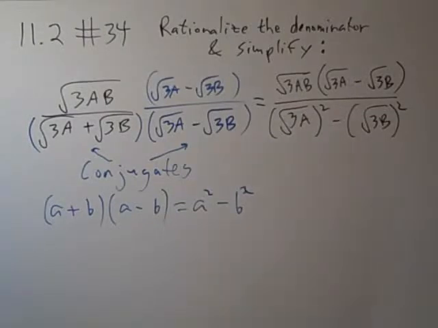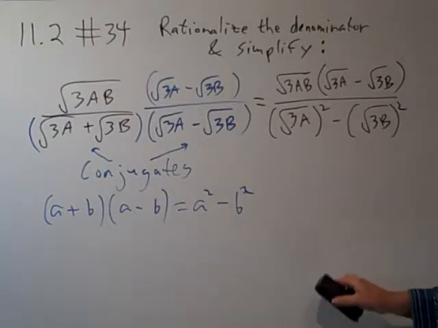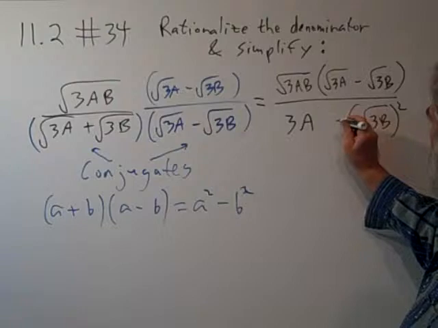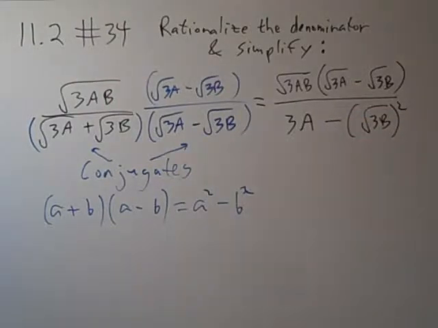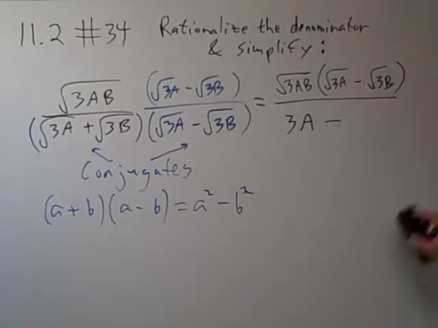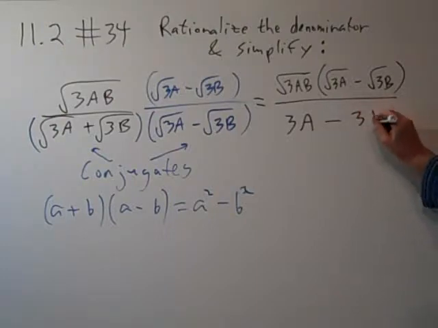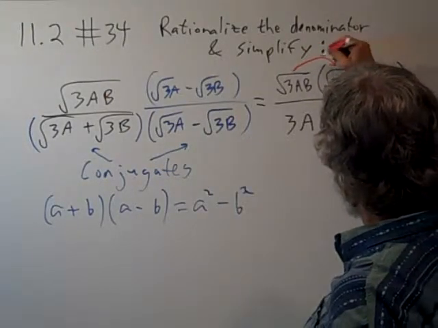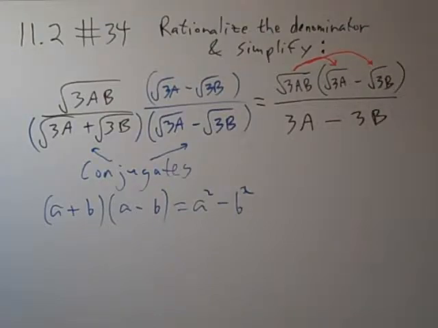And the square root of 3a squared is just 3a, and the square root of 3b squared is just 3b. Well, this is already one solution, but I think we really need to distribute here to see what we get when we distribute in the numerator.